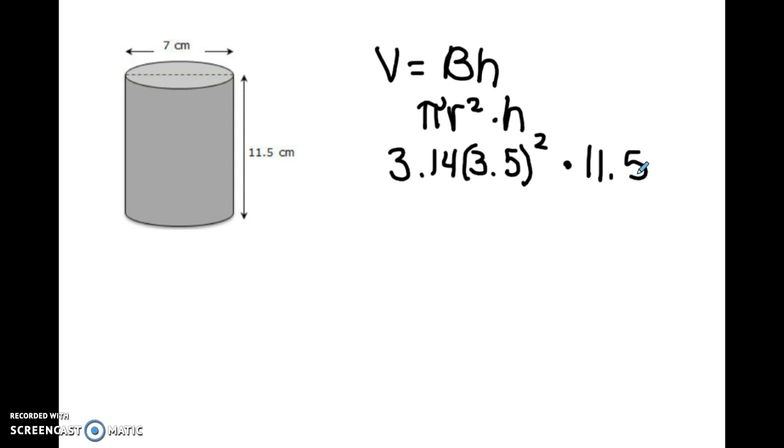Plug that into your calculator. 3.14 times 3.5 squared times 11.5. We got 442.3475. Don't forget about your units, centimeters cubed. So the volume of this cylinder is 442.3475 centimeters cubed.